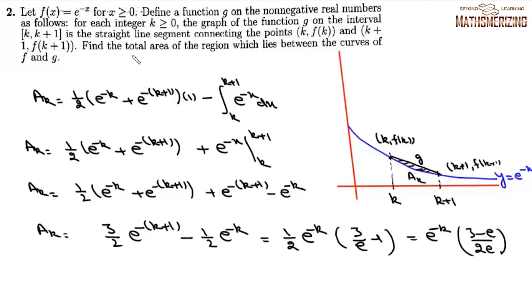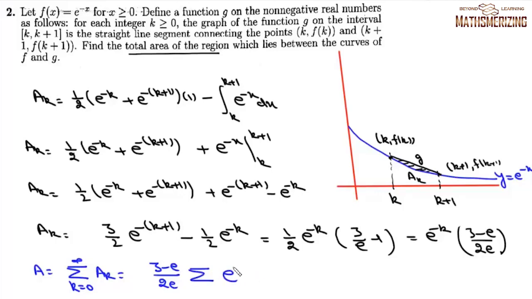Now we need to find the total area of this region. Now the total area of this region is given by the summation, k varies from 0 to infinity, of A_k. We can write this as (3 - e)/(2e) times the summation of e^(-k), where k varies from 0 to infinity.